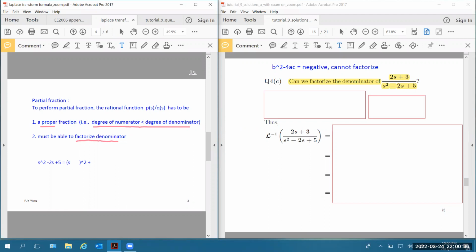So now the question is how to get the constant inside there? S plus what, squared? Class, do you know or not?